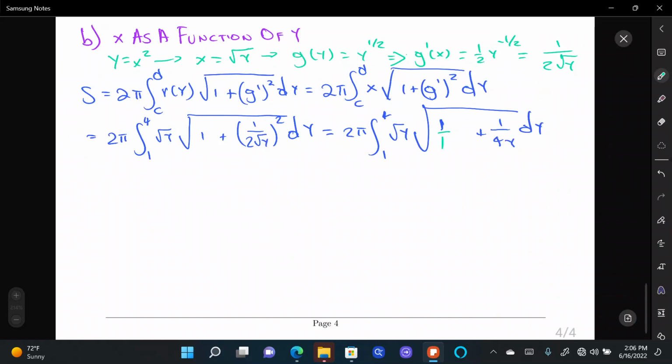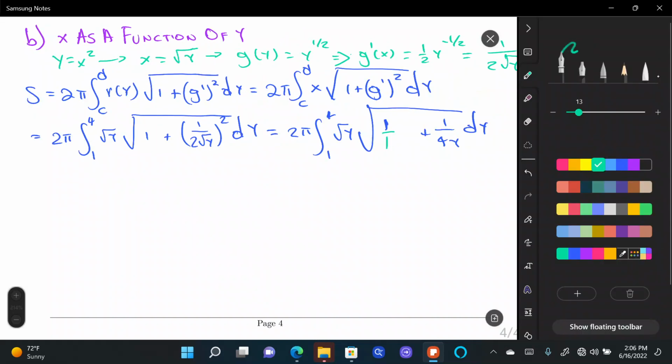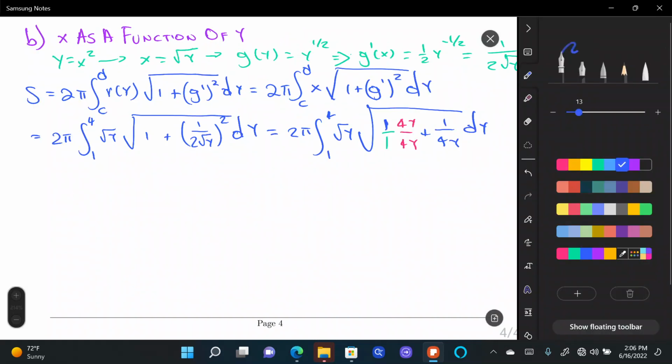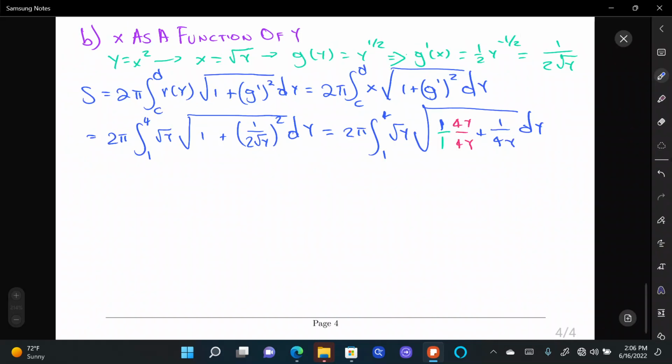This is technically a 1 over 1, and to combine these together, let's multiply numerator and denominator by the missing factor, in this case 4y, and combine into a single fraction, that's going to be 4y over 4y plus 1 over 4y.